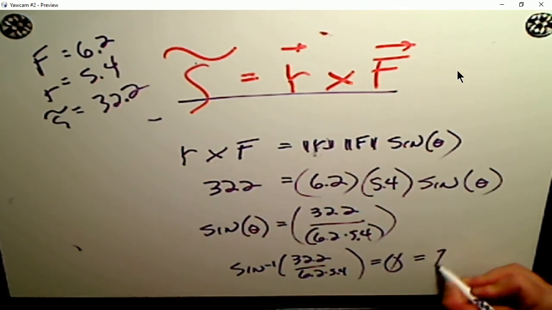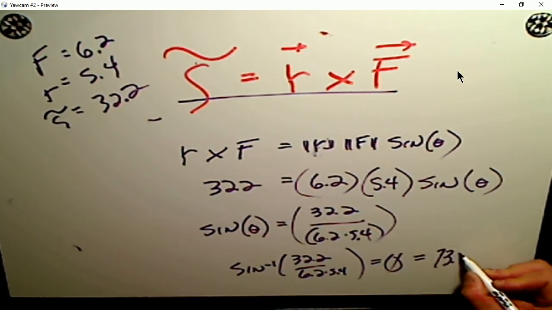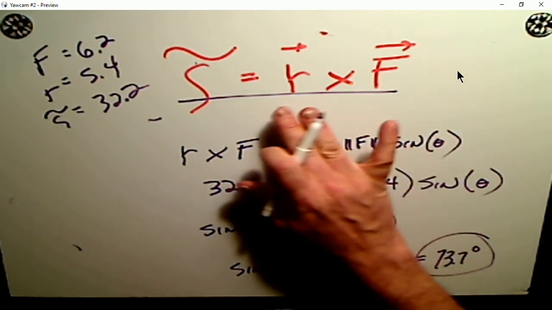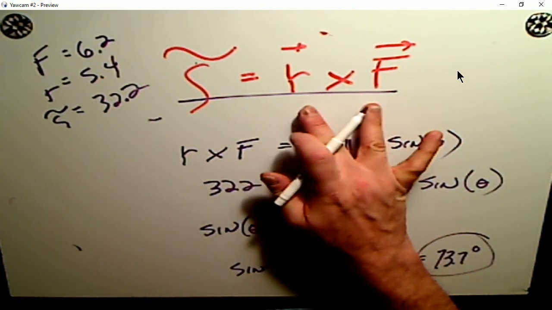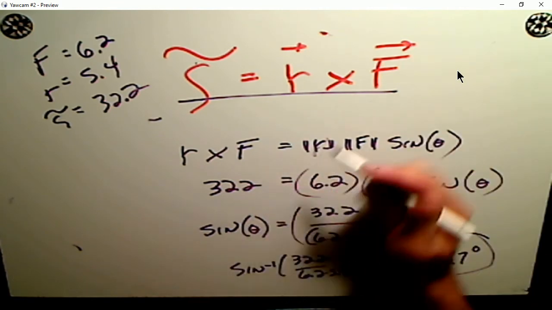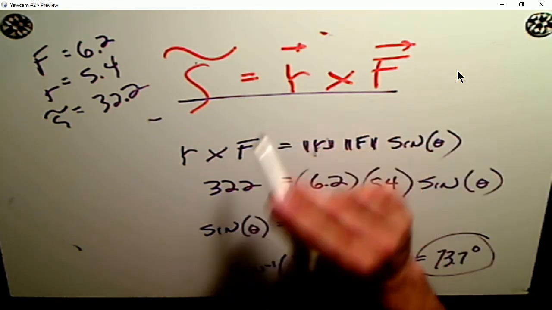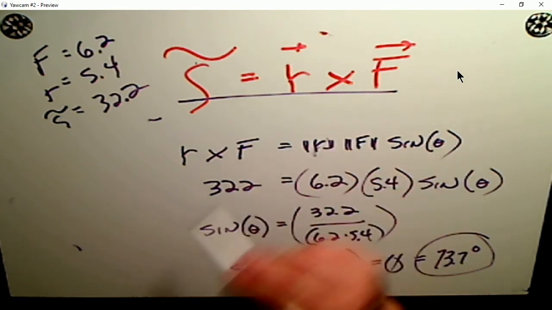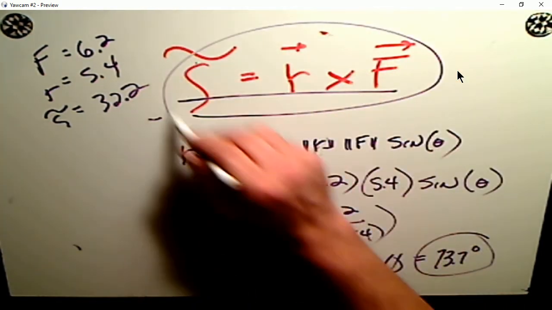And you should get something like 73.7 degrees. That is the angle between the force coming in and that radial arm. So that's how you do cross product.